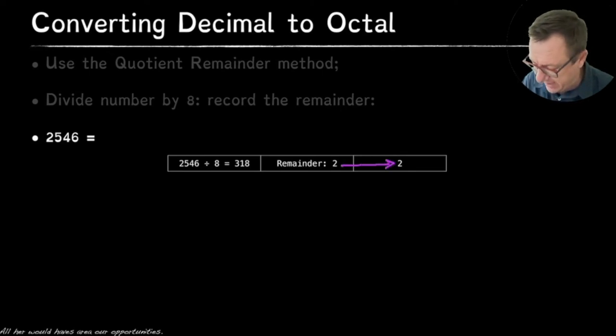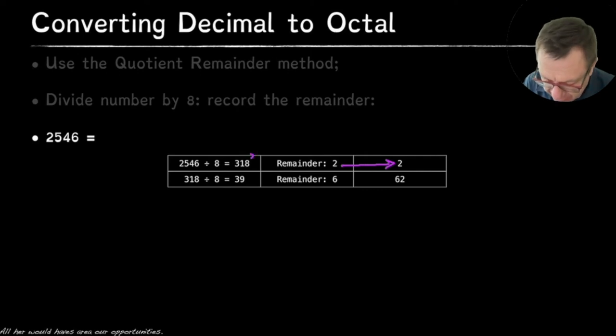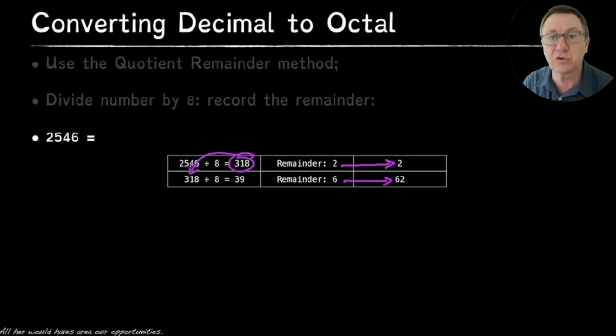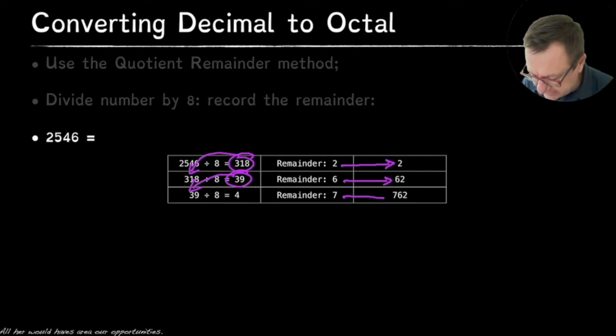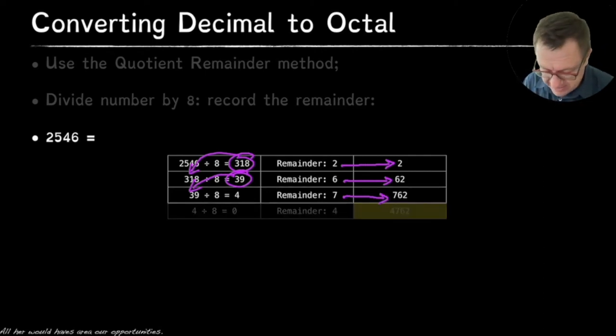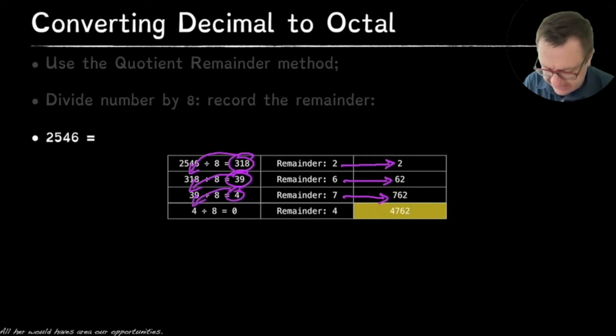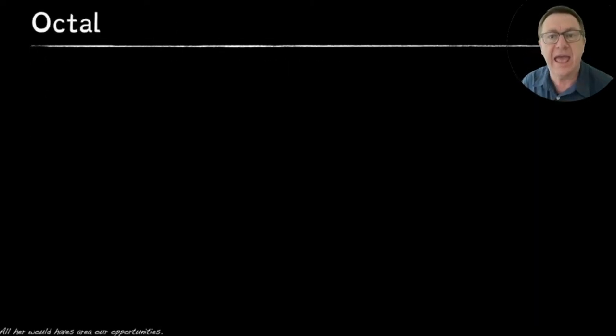So we've got our 2. 318 divided by 8 is 39, remainder 6. Our 6 gets moved across. 39 divided by 8 equals 4, remainder 7. Brilliant. And then 4 divided by 8 equals 0, remainder 4. And we bring our 4 in, and we've got our solution.